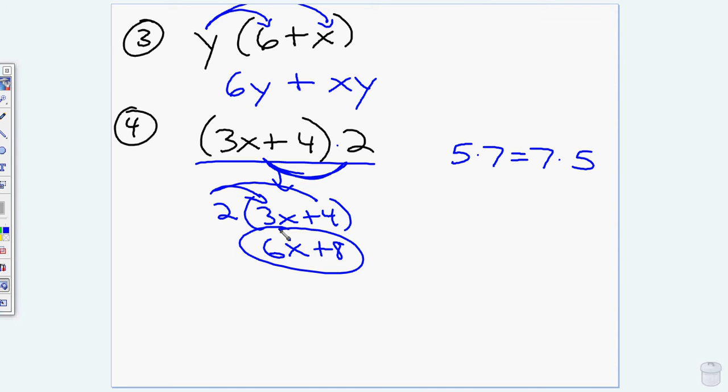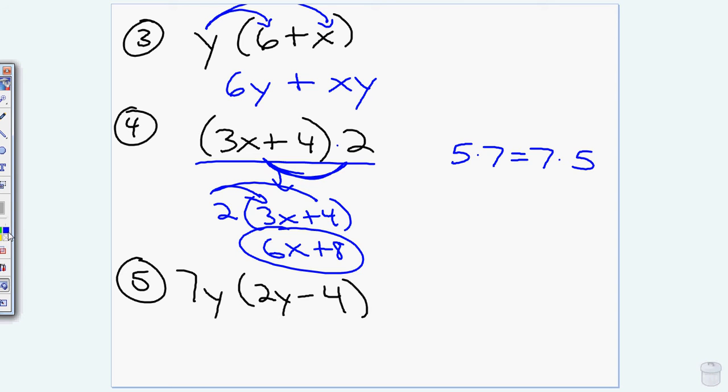Now, there's a couple different things they can do that I just want to clean up here at the end. This is going to be a pretty short lesson because we're just working on a skill that's very important. What if I had this problem? 7y times 2y minus 4. Well, I'm still distributing over top.